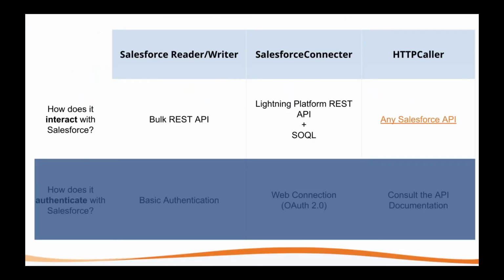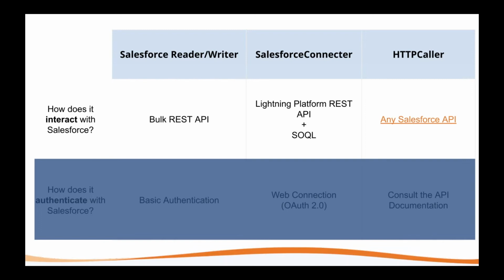So this table is just going to illustrate some of these key differences between the tools. If you care about what's under the hood, they're built on a couple of different APIs, and that will make a difference. So the Salesforce Connector uses the Lightning Platform REST API, and that's going to make it the best out-of-box option if performance is important to you. That's because it's noticeably faster than the reader-writer, which uses the old bulk API. And as I mentioned, Salesforce offers many other APIs, and so you could potentially use any of these with the HTTP caller.